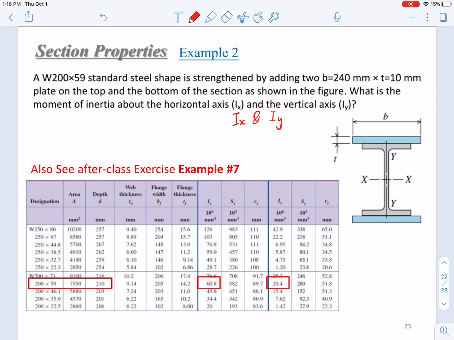We also need to find some other useful information, like the thickness and the sizes here. We also need to find these from this table. This is the area here, and the depth D is 210.